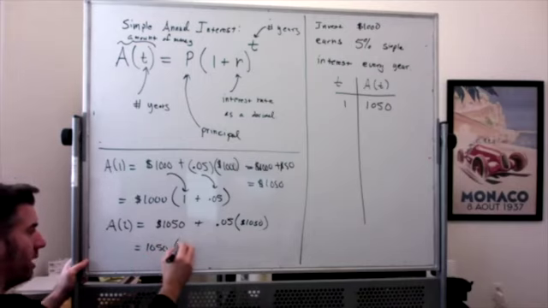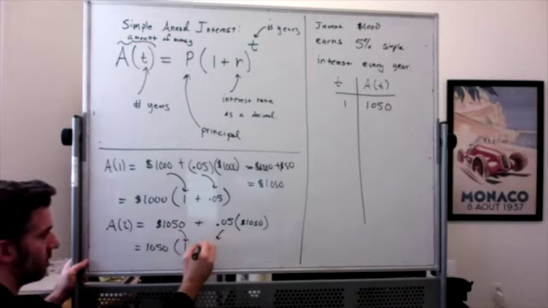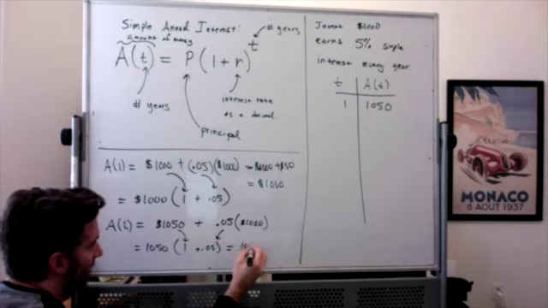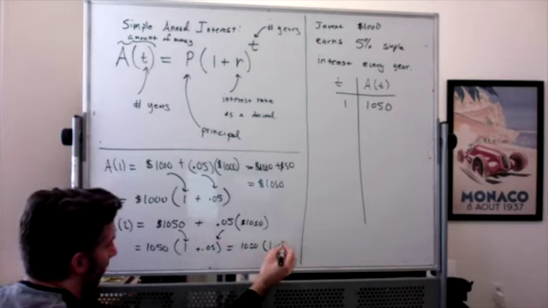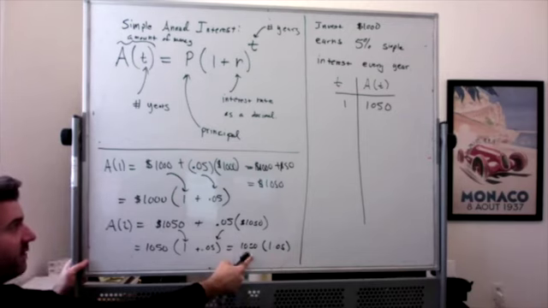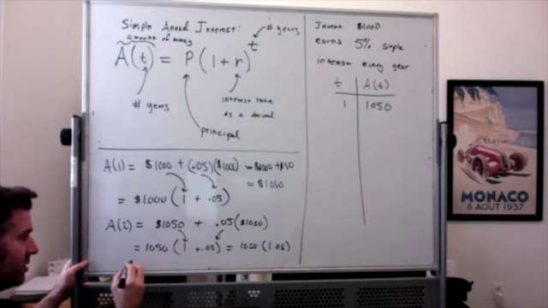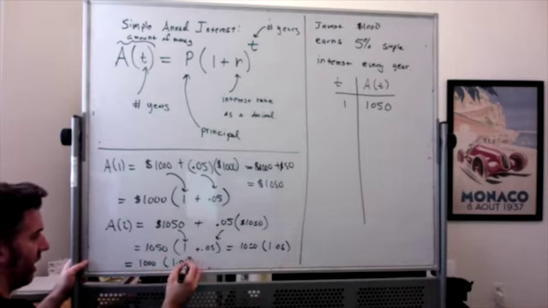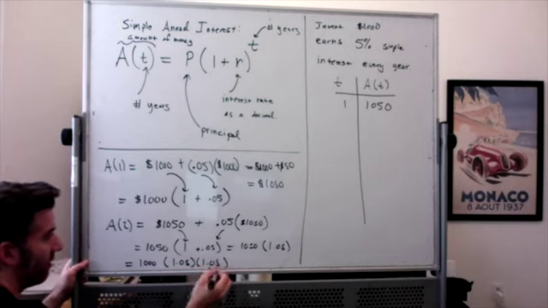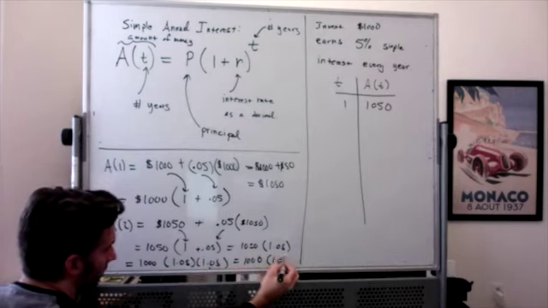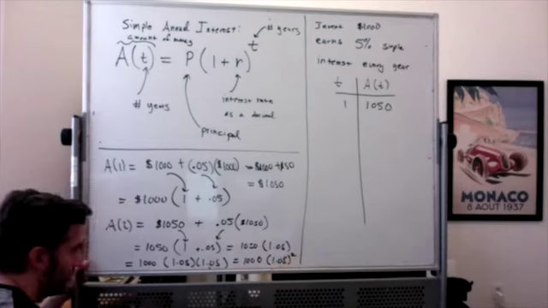I'm left with a 1 here and a 0.05 here. So I end up with 1,050 times 1.05. But remember, 1,050 was really 1,000 times 1.05. So this is equal to 1,000 times 1.05 times 1.05, which is really 1,000 times 1.05 squared.